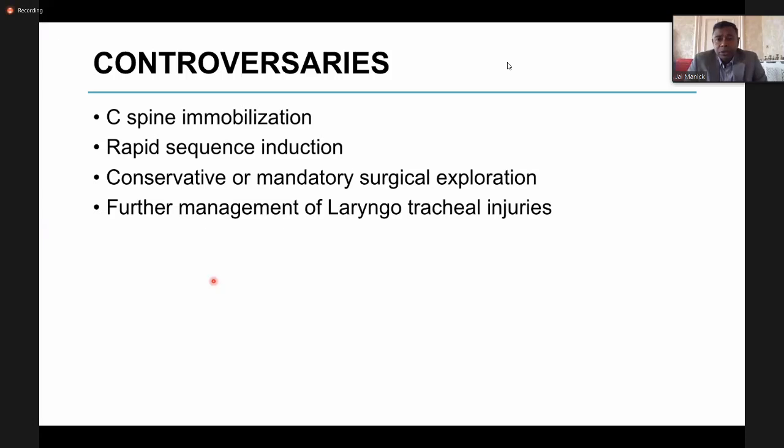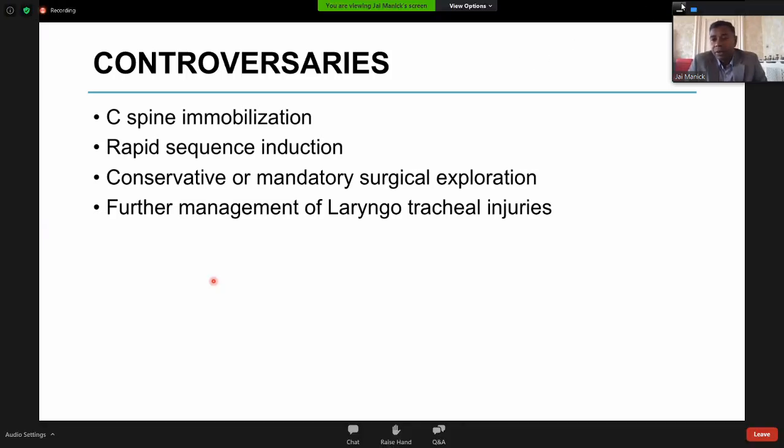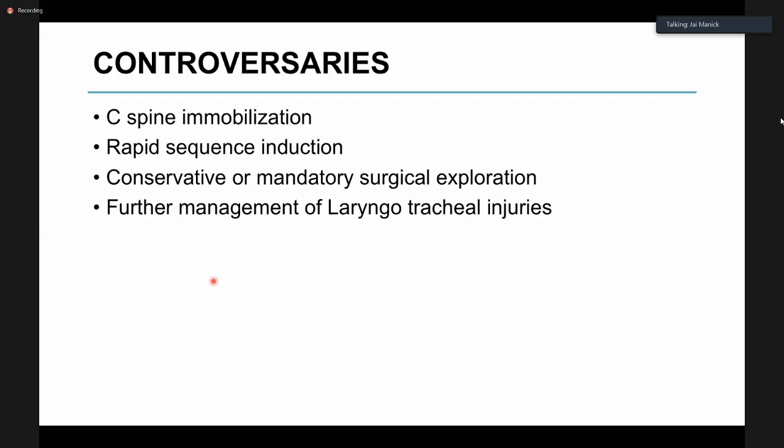So I'm just coming to the end of the slides. There's still controversy. C-spine immobilization, we talked about that. And what is the best way of securing the airway? There is always talk about rapid sequence induction, securing the airway, and whether it's conservative or mandatory surgical exploration. We are not practicing mandatory surgical exploration in all the cases.